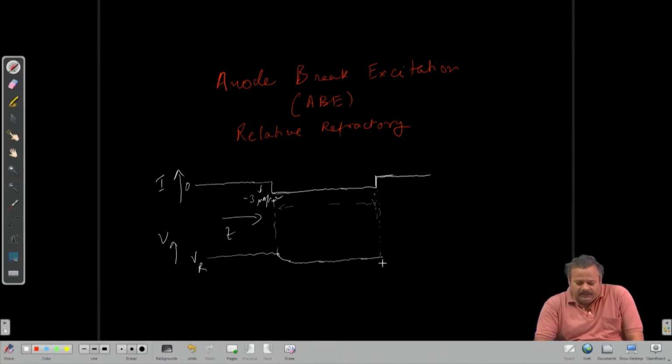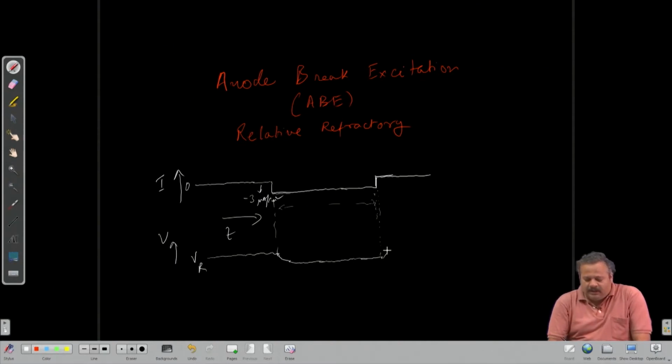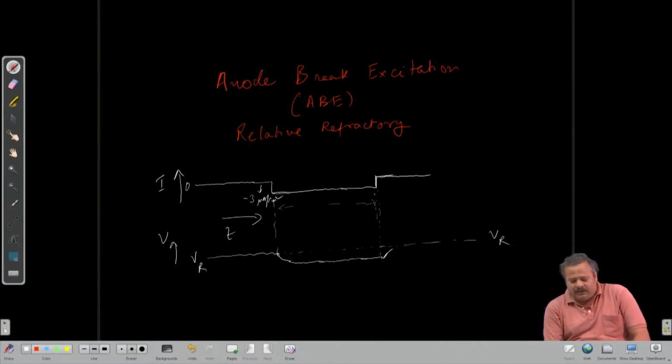Now, after this, because that negative current is gone, obviously the system will try to go back to its resting state. So, this is our V rest level as on the left hand side. It will try to go back into the resting state and stay at V rest.